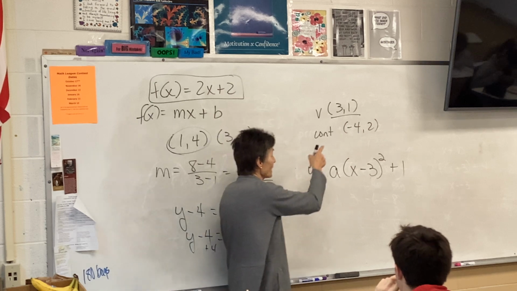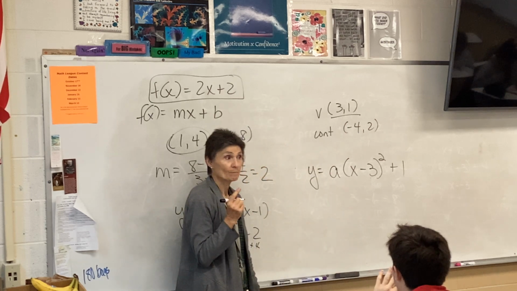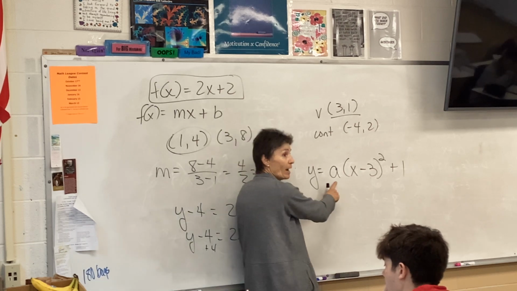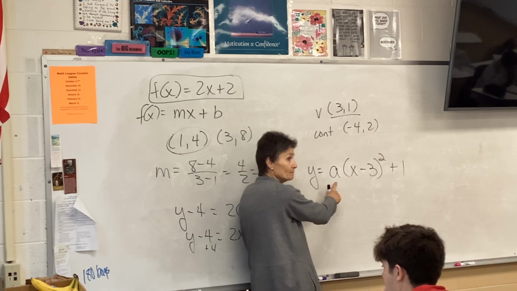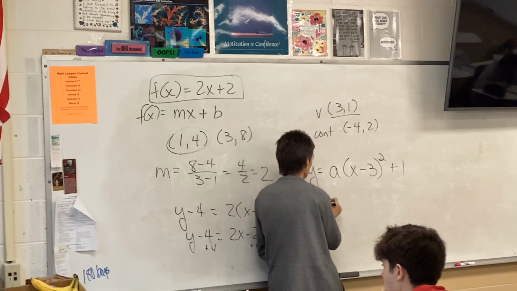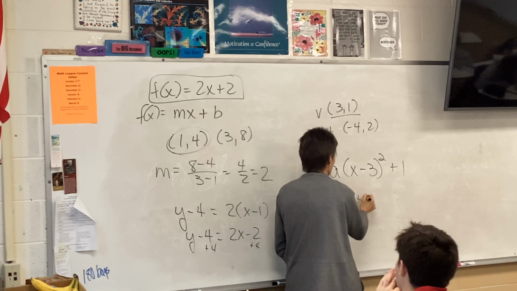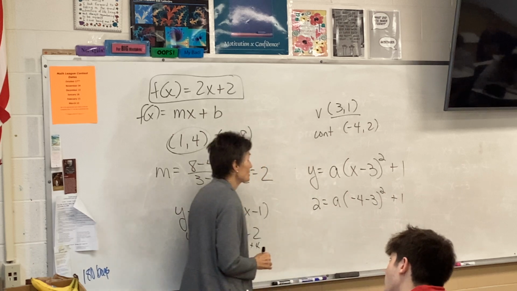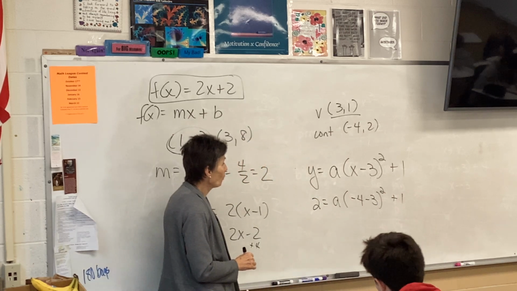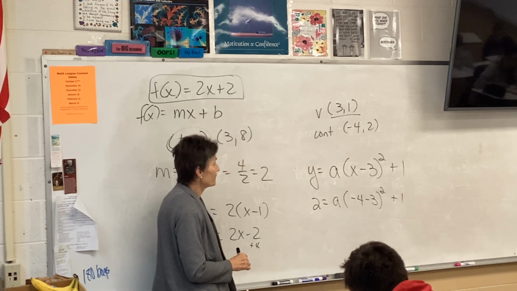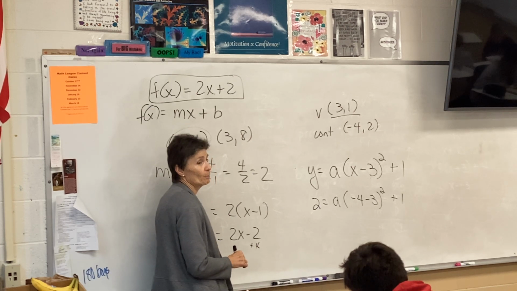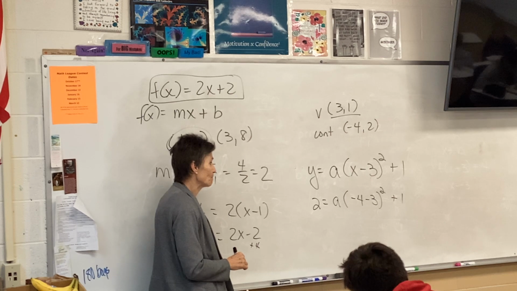Now, what do I use that other point for? Plug it in, same thing I did before, and figure out my A. So 2 equals A times (-4 minus 3) squared plus 1. In goes 2 for the y and -4 for the x. Make sure you're putting those in the right spot.